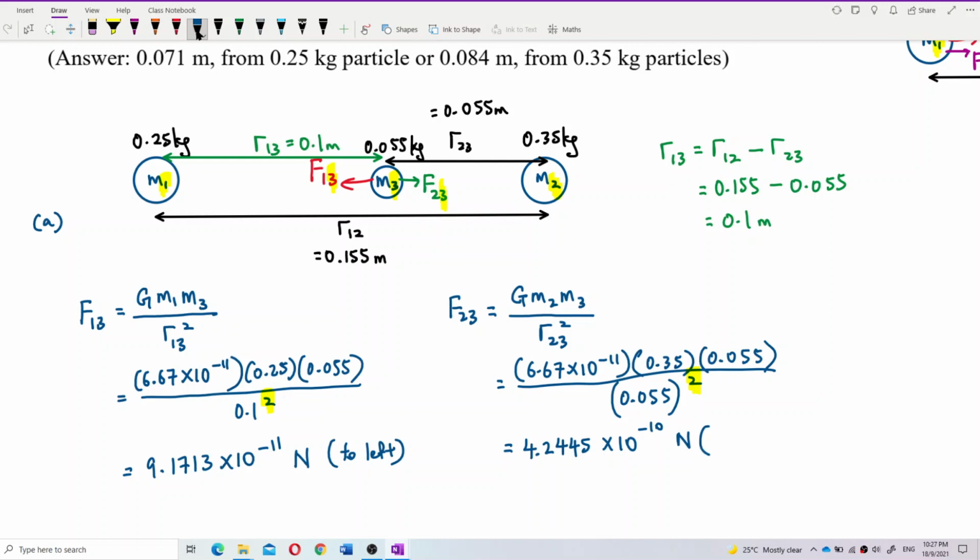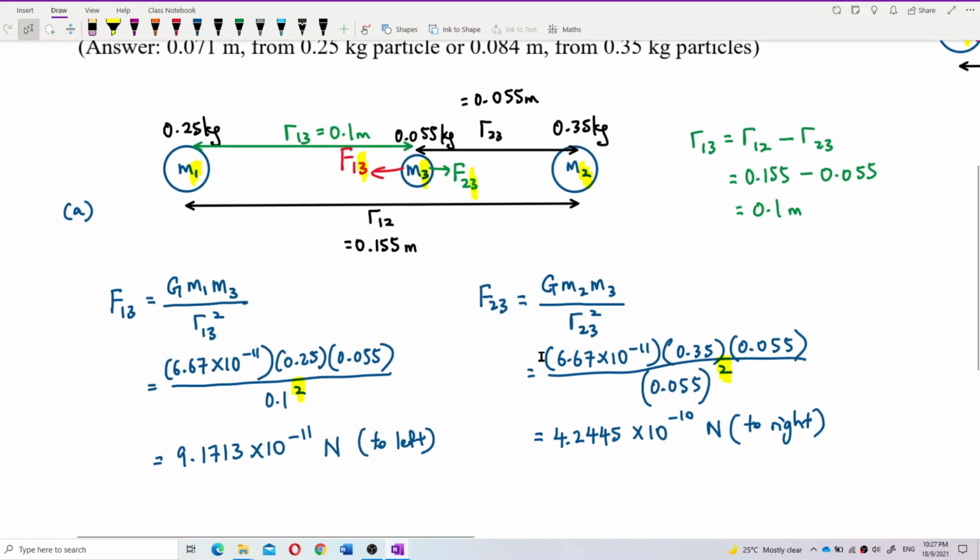What is the direction of this force? It is towards mass 2, or to the right. So we got the forces already, F13 and F23.